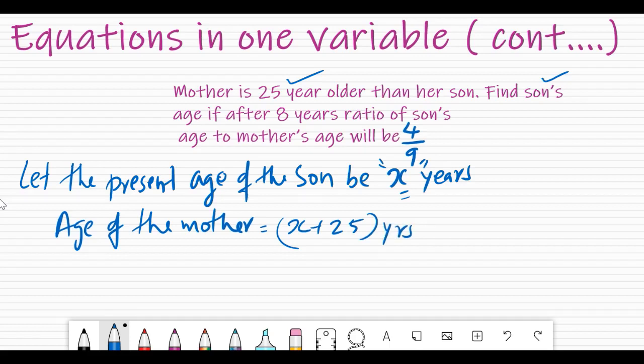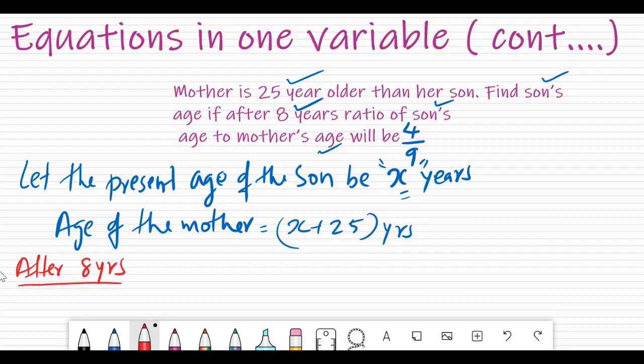Now the question is, find son's age if after 8 years the ratio of son's age to mother's age will be 4/9. After 8 years what ratio will be there between their ages is given. So how to write that? Let us consider son's age after 8 years.